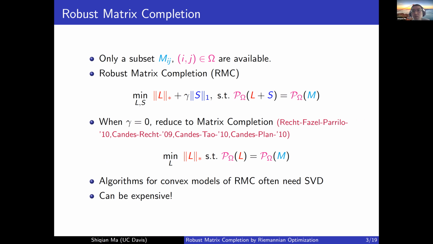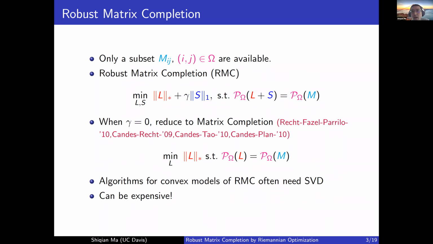Now, what is robust matrix completion? Basically, robust matrix completion is robust PCA where we only have a subset of observations for the matrix M. We are only given a subset of the entries M_ij for (i,j) in the index subset omega.